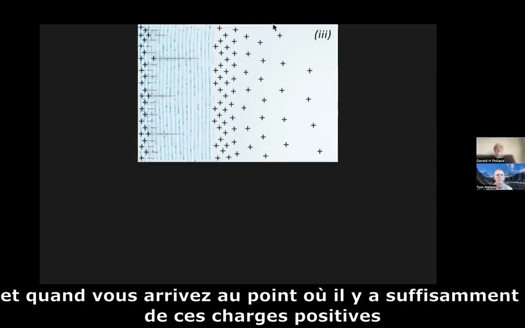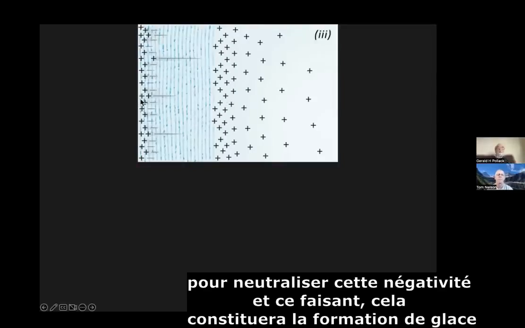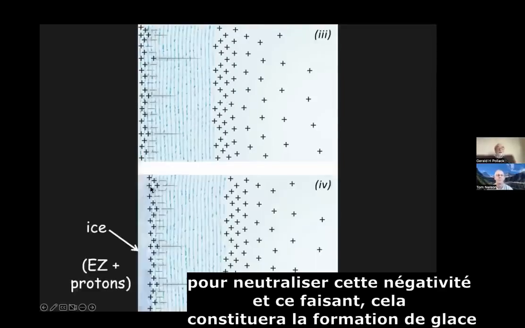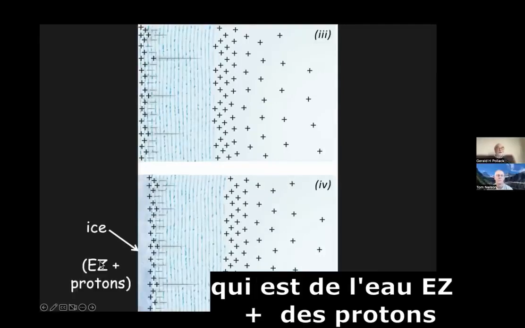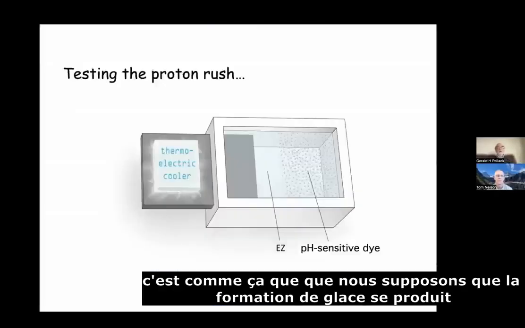And when you get to the point where there are enough of these positive charges eager to press on toward the high negativity that you see here, they'll rush in to neutralize that negativity. And as they do, that will constitute the formation of ice, which is EZ plus protons. That's the way it works. That's the way we surmise that ice formation occurs.